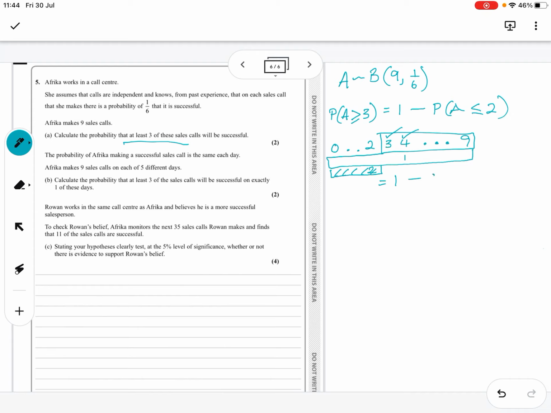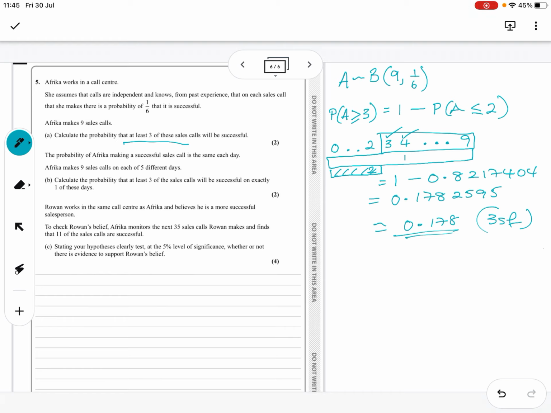So I've got a probability of 0.82174004, and then I need to do 1 minus that, which hopefully I can do in my head. 0.1782595, approximately equal to 0.178 to 3 sig figs.